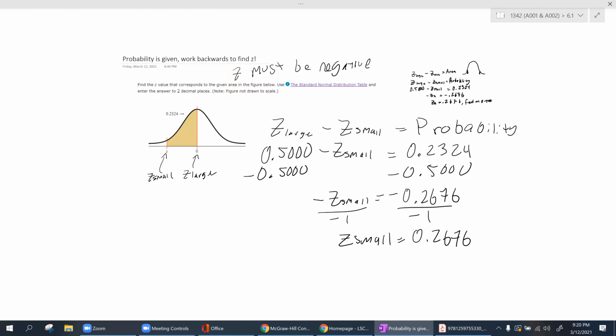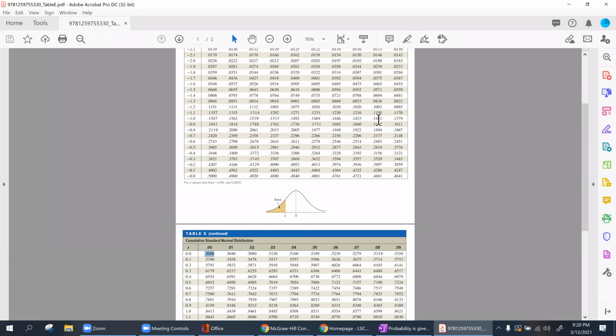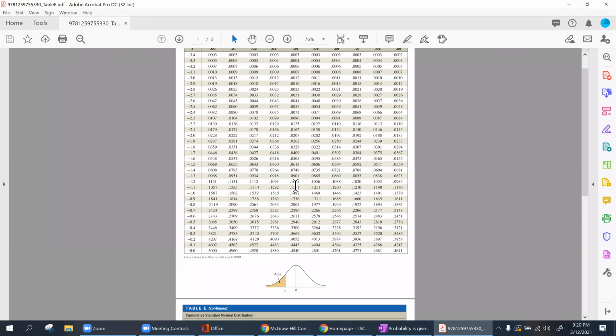What I meant by working backwards is, in the table, in the middle, this is the value you're going to have to find, and you're going to find out what z value gave me that probability. So that is 0.2676, and I'm going to look for 0.2676 in here. You'll notice that sometimes it's not going to be the exact value.